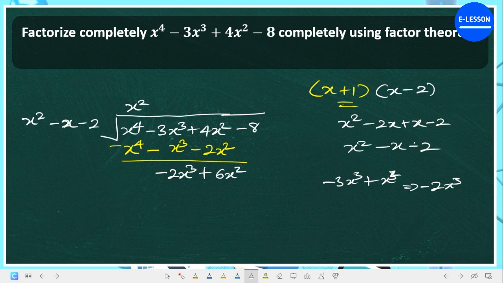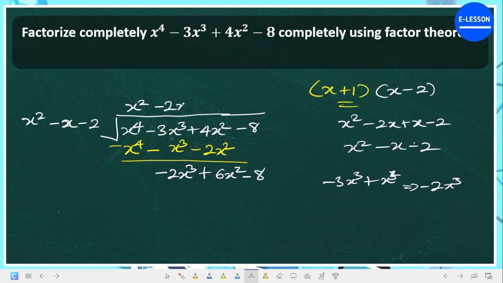Now, we are going to use this now to divide this. Then we'll bring down our 8, of course. When this divides by this, what is it going to give to us? This will give us minus, because there's minus there, it was minus 2.